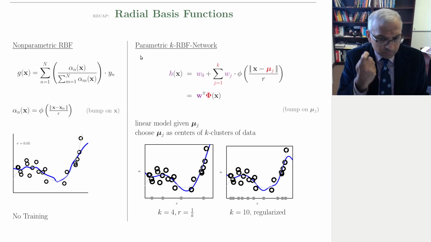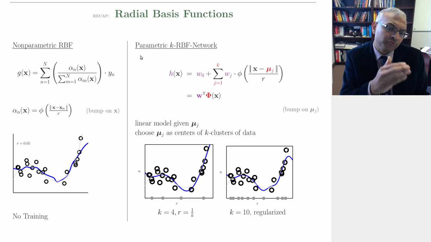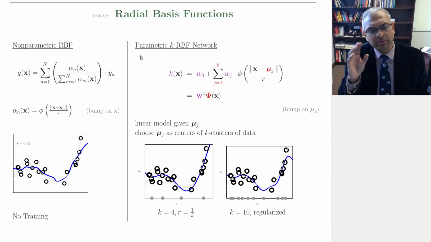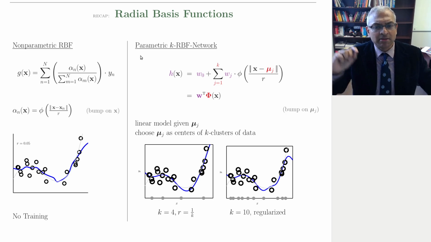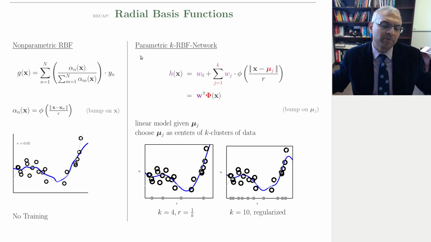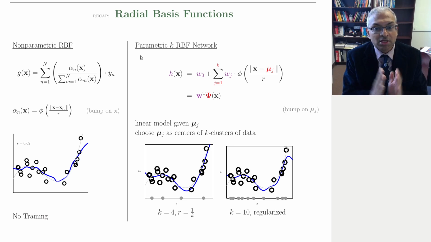So what were the steps? The first step was to view the radial basis function as placing bumps on each data point, and those bumps were now of a fixed height. Those are the parameters, the bump heights, and then each bump on each data point makes a contribution according to the height of that bump to the test point.